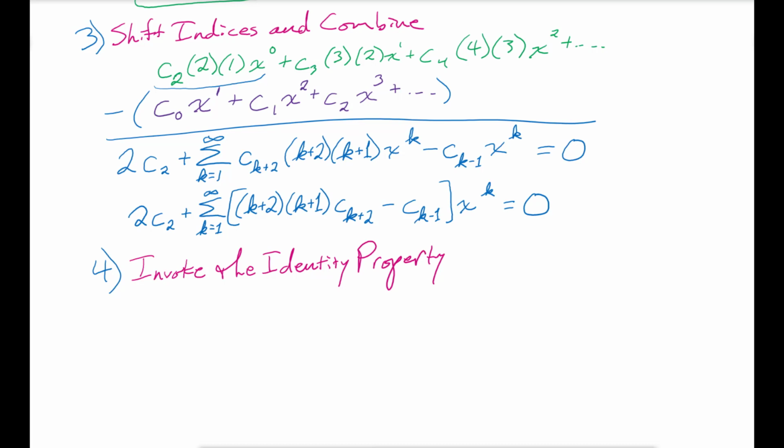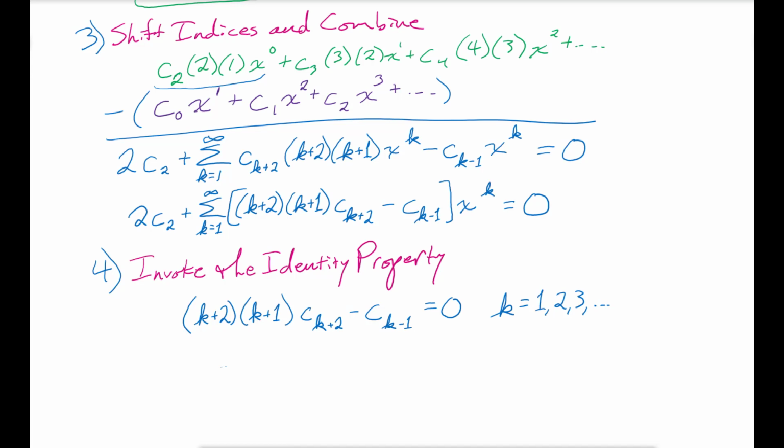So what that means for us is that k plus 2 times k plus 1 times c sub k plus 2 minus c sub k minus 1 is going to equal 0 for all k. So k can equal 1, 2, 3, and so on. And it always has to equal 0. That means the coefficient on our x term always has to equal 0.